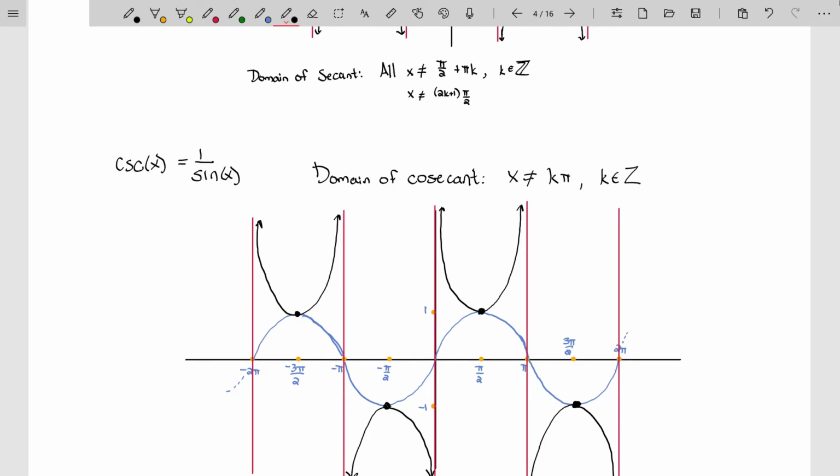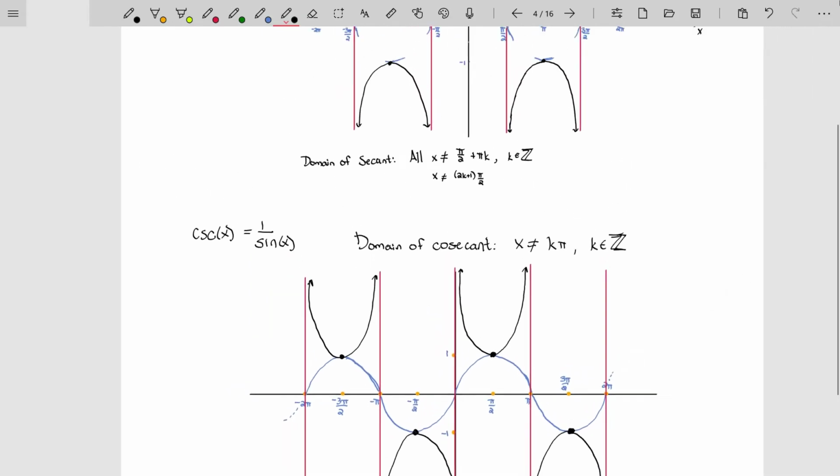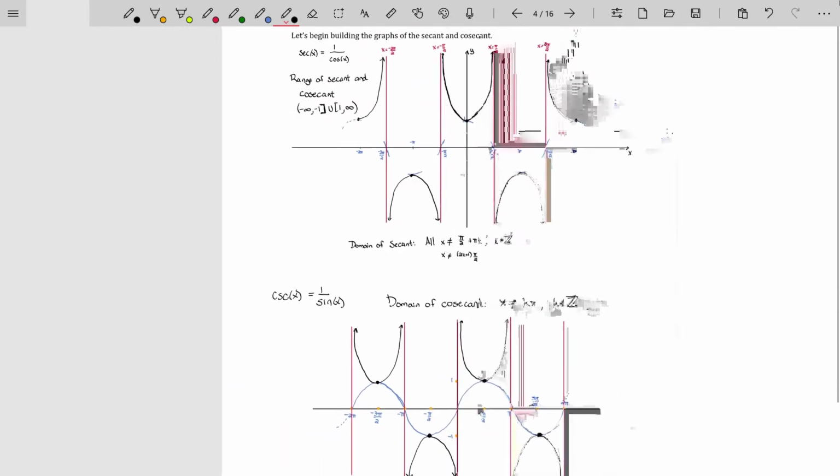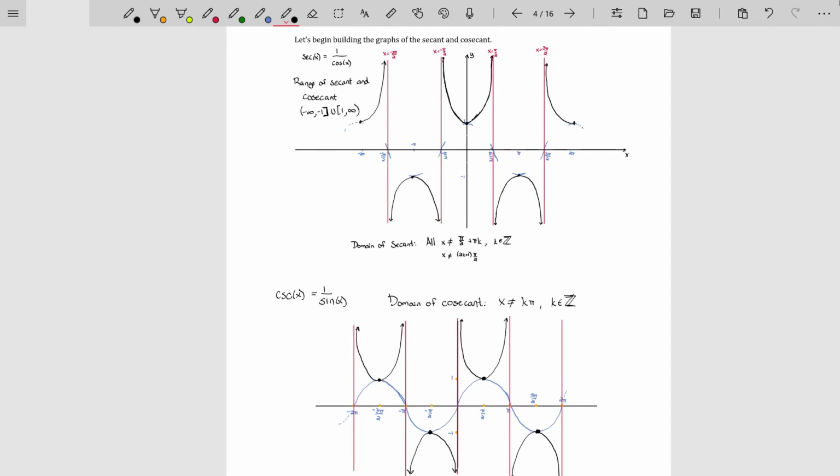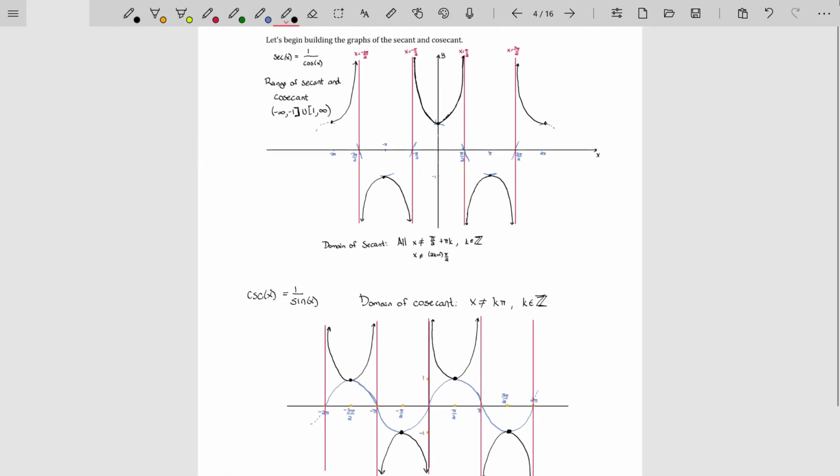Again, k is an element of the integers, so 1, 2, 3, -1, -2, -3, 0, that type of thing. And the range is the same as I mentioned before, the range of both the secant and the cosecant: negative infinity to negative 1, and 1 to infinity, including the negative 1, including the 1.